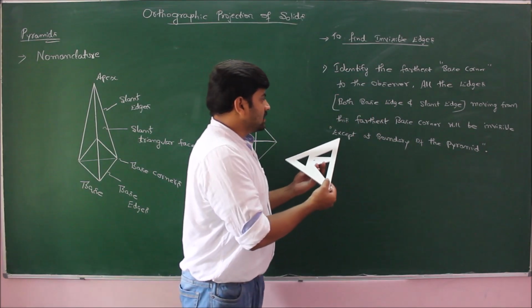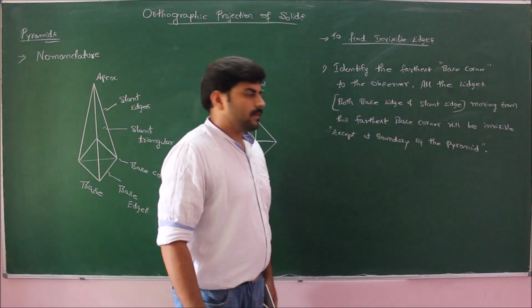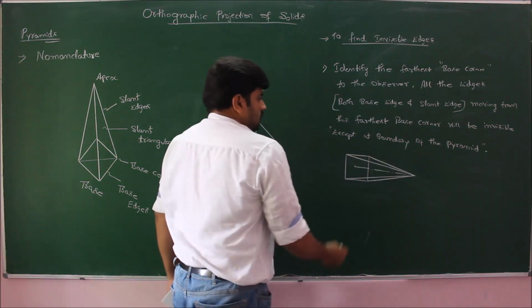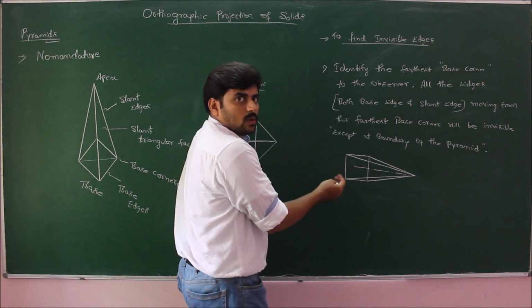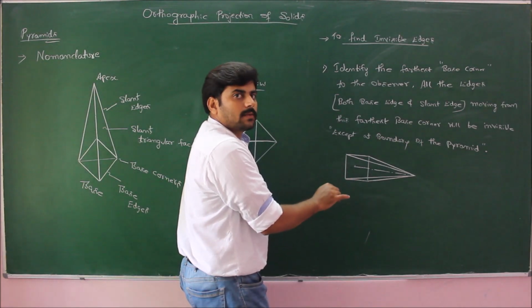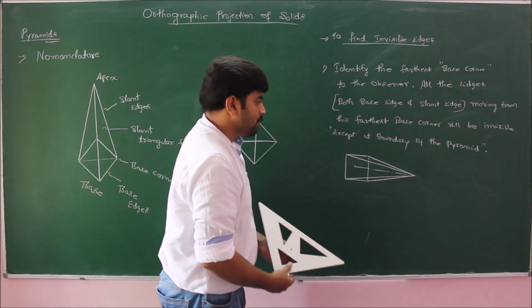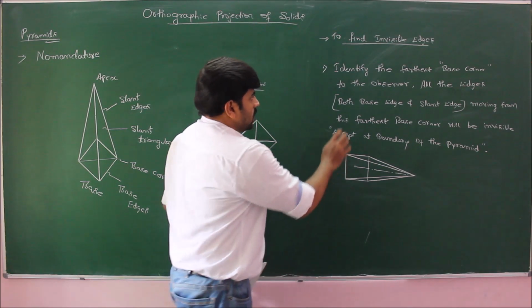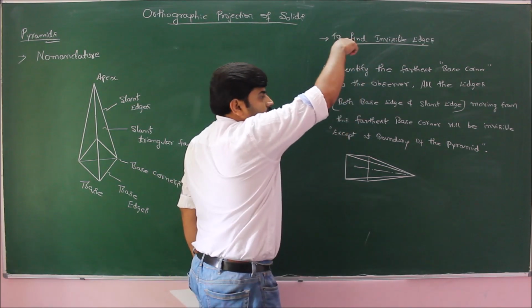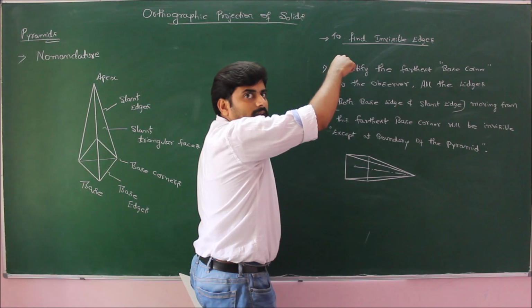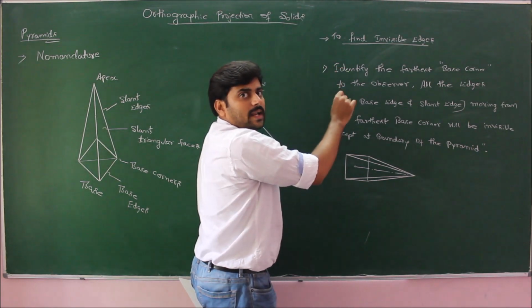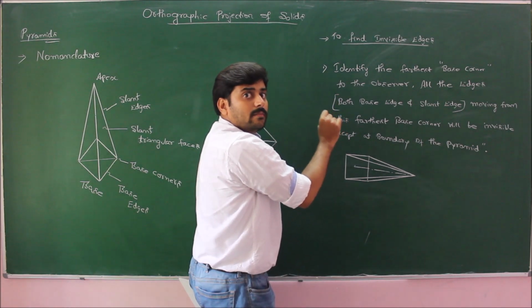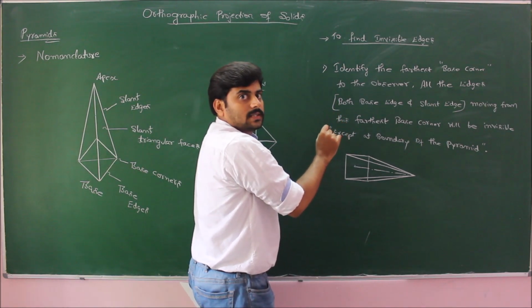What does except at the boundary of the pyramid mean? If I get the top view of a square pyramid whose axis is inclined to the horizontal plane by a certain angle, then in the top view, all the edges moving from the farthest base corner should be invisible except at the boundary of the pyramid.